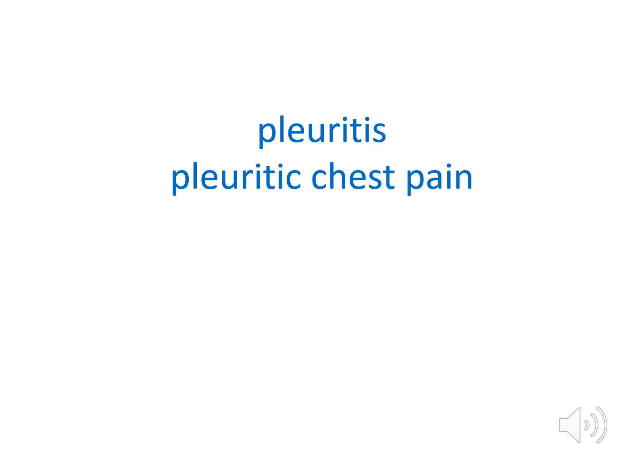Oftentimes, pleuritic chest pain is on one side only because, if somebody gets an infection in their lungs, it doesn't automatically affect both lungs, right? So a lot of times pleuritic chest pain is unilateral. It is different from that kind of musculoskeletal pain that sometimes people get when they've been coughing for a long time.